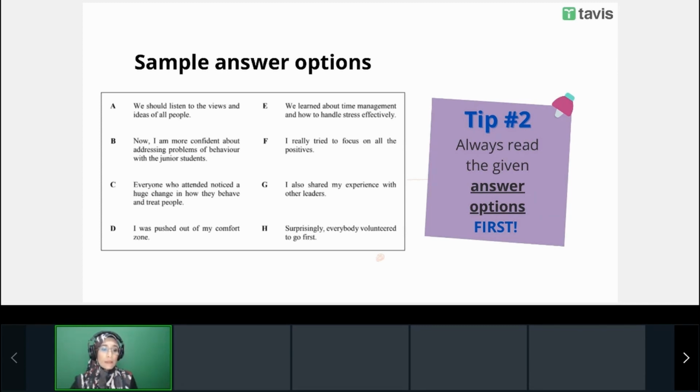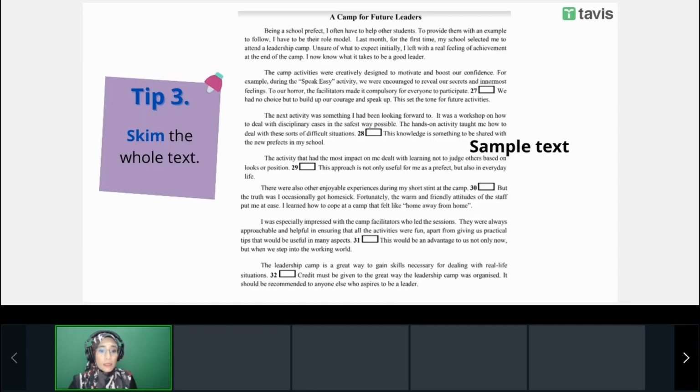Always read the answers given, and then you can find out, oh, A is about this, B is about this. At least you can get an idea about the whole set of answers. And then only you can try and read the whole text by skimming.